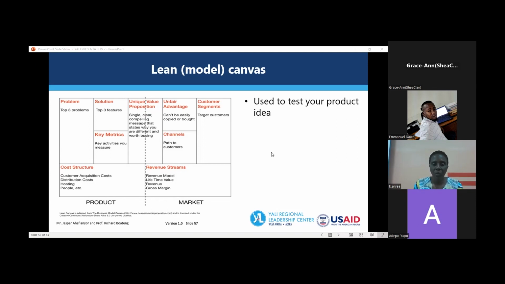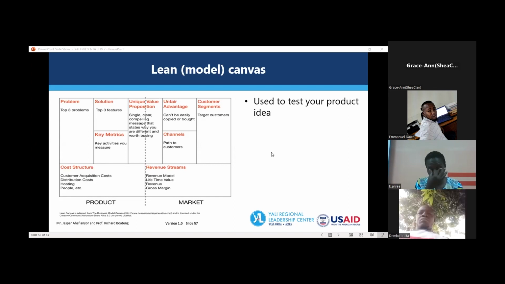So, the middle one, we always start from the middle, right? The middle one, you've got the unique value proposition, which is likely to be the same as which one? That's likely to be the value proposition canvas, right? A VPC. Yes.